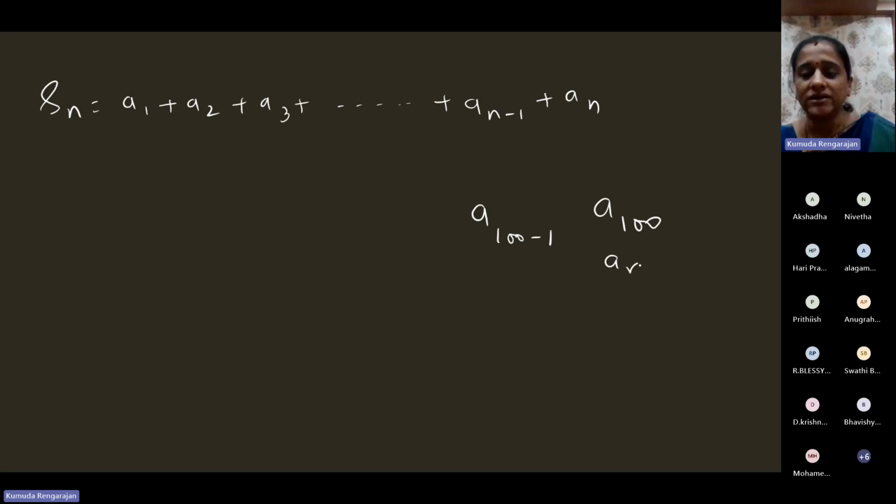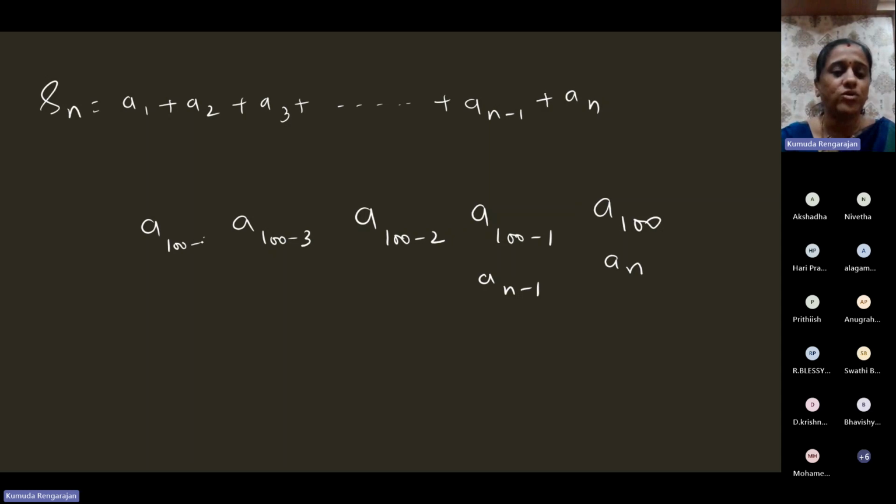And before that will be A100 minus 2, because 98, and before that A100 minus 3. So A96, A97, A98, A99, A100. In the same way, An, before that An minus 1, An minus 2, An minus 3, An minus 4.